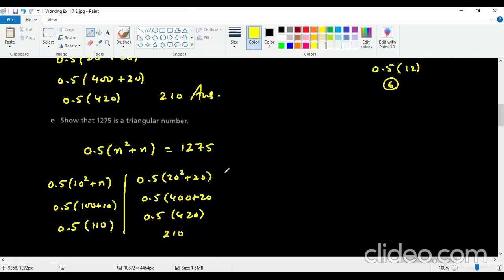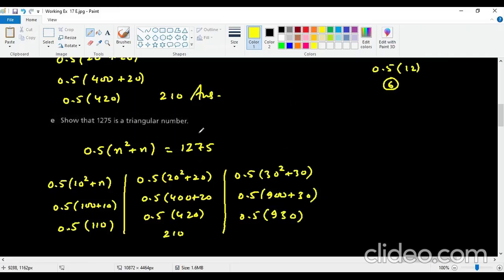210. Now go for 30. 0.5 times (30 squared plus 30). So this is going to give us 900 plus 30. So half of 930 is not 1275. We are looking for 1275. Go for 40. 0.5 times (40 squared plus 40).